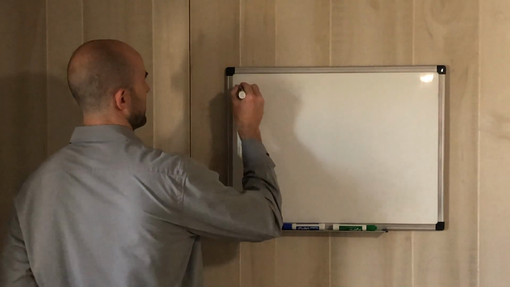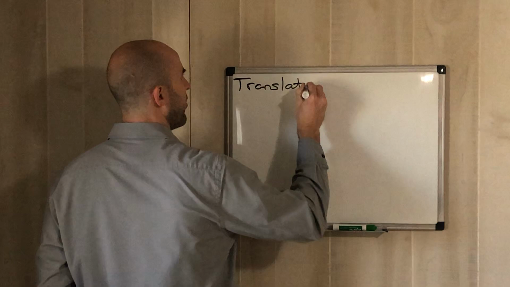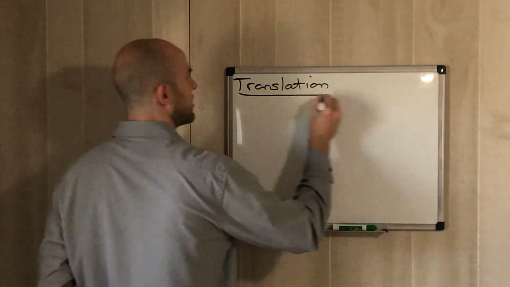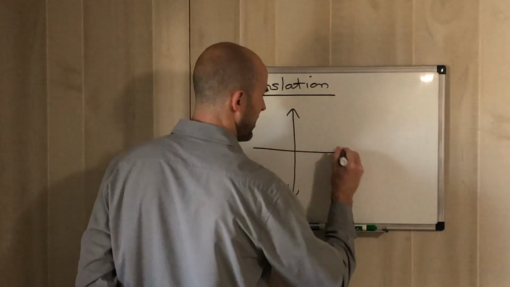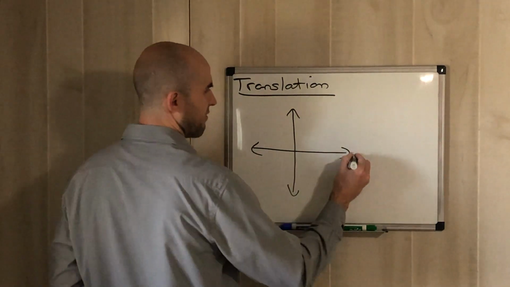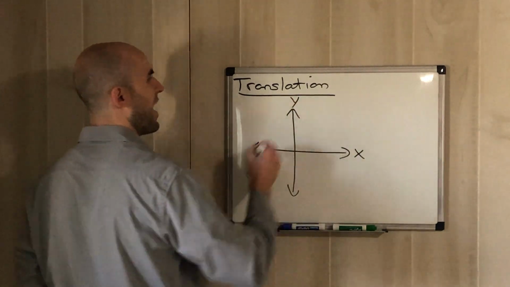So when it comes to a translation, and another word for translation would be a slide, we have a graph, something that you guys are used to seeing. This would be our x-axis, this one would be our y-axis.